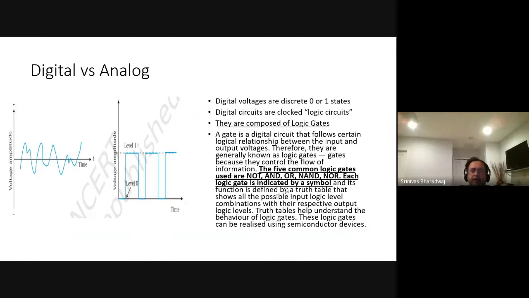Now there are five different types of logic gates. They use what is called Boolean algebra. Boolean algebra is similar to the operations that you perform when you do set theory, where you have union and intersection in your mathematics.